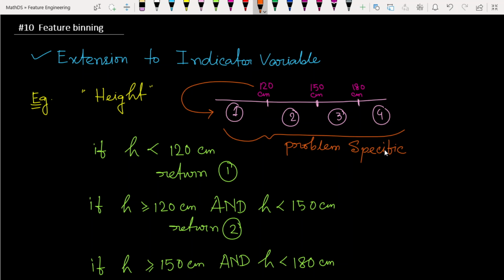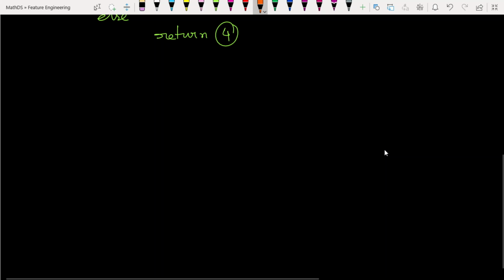Now let's try to do this automatically through a task. Suppose the task is to predict the gender based on some features.